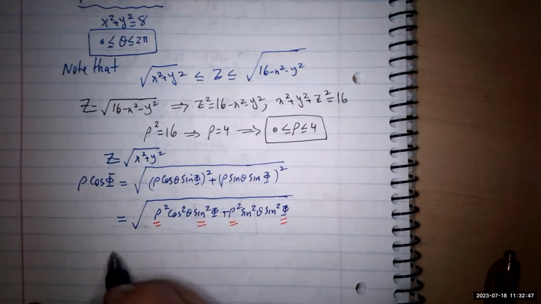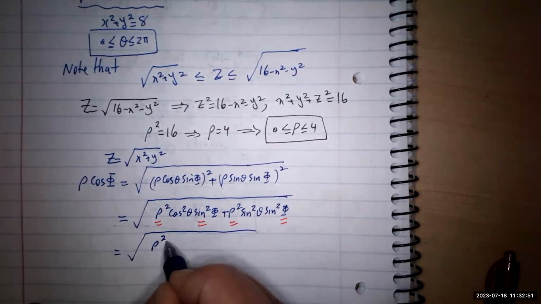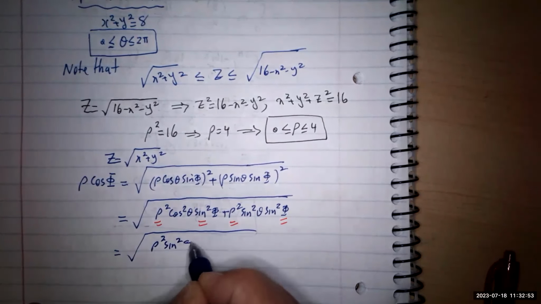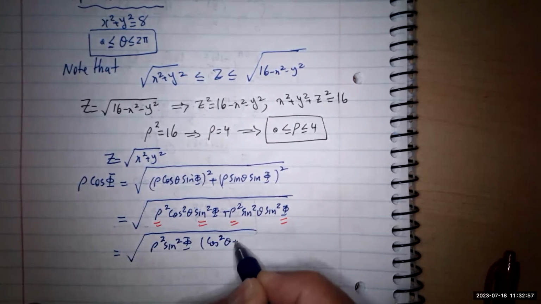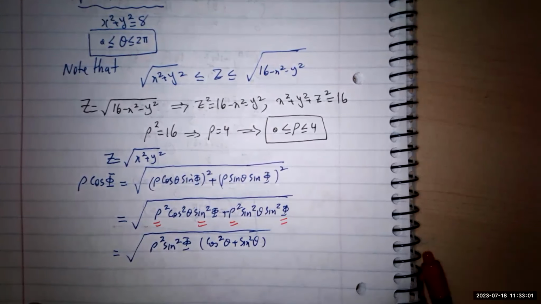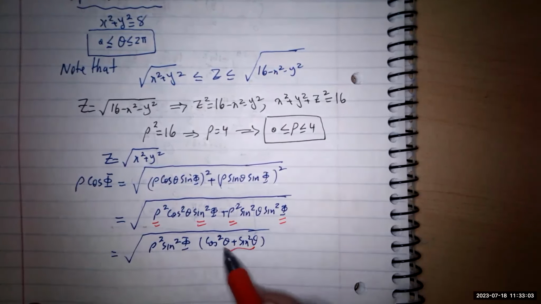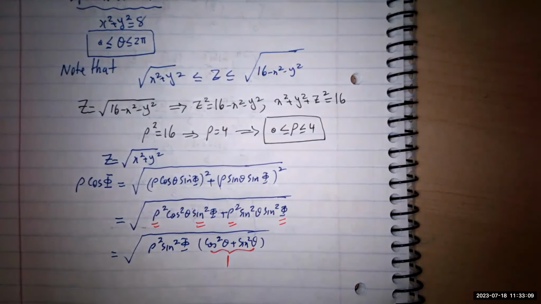So you pull out the rho squared sine squared of phi. So the leftover is always 1. If you write it down right away, we accept it, of course. So this is going to be 1.